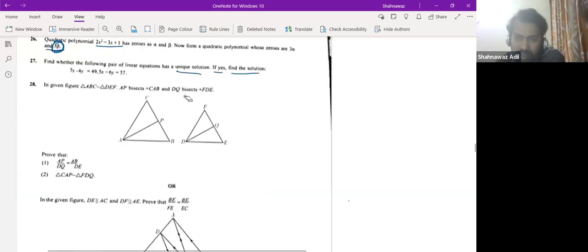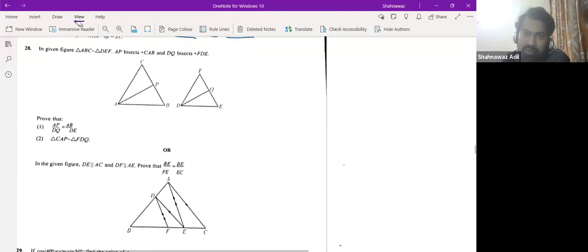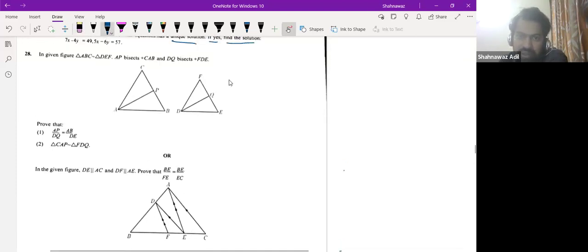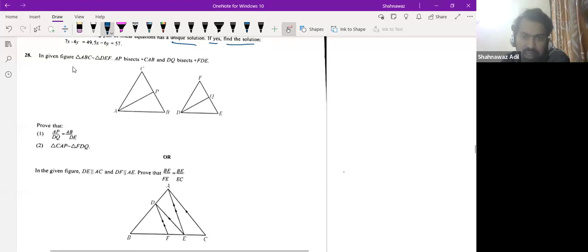Okay, so the next question is this one, right? In the given figure, triangle ABC is similar to triangle DEF.